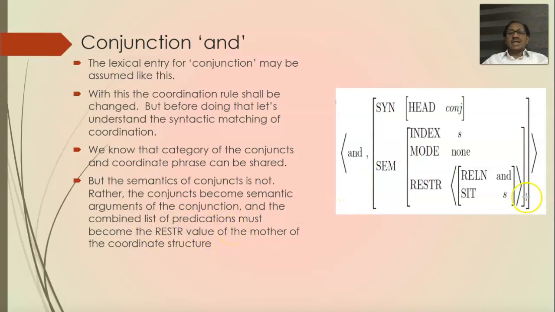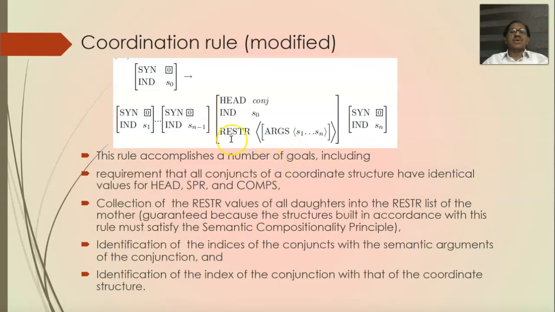Okay, let's look at the rule now. This is the coordination rule, which is modified. What does it say? We have a phrasal node with syntax value O and index value S0.